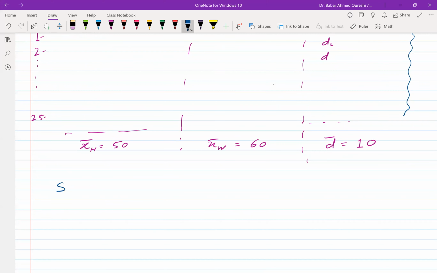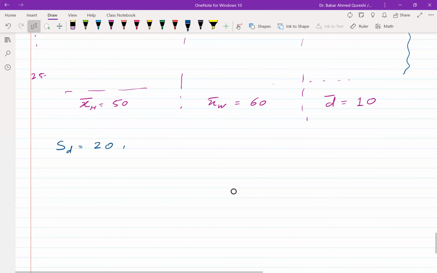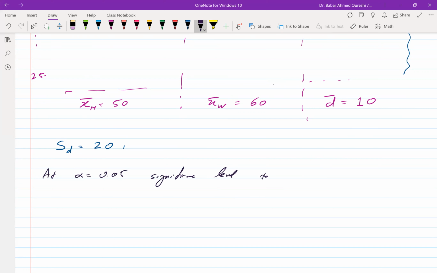They find that the standard deviation of the difference is 20. And they want to test, to conclude at the 0.05 significance level, to prove or to show that wives put in more time on average.